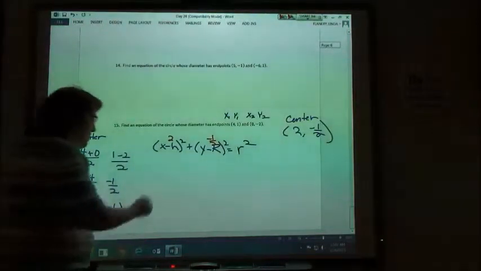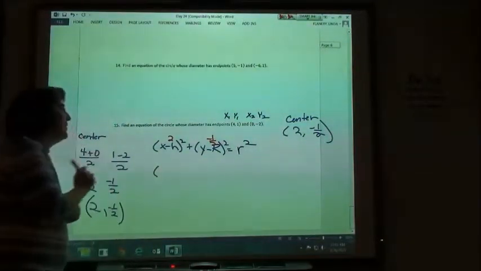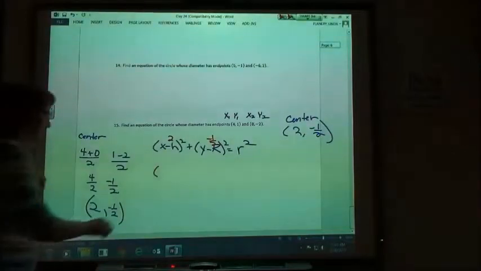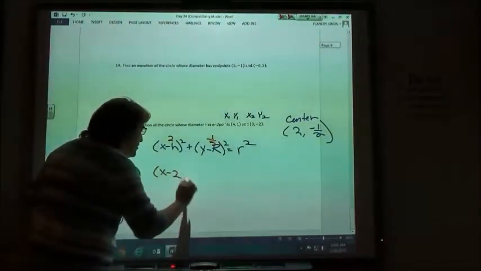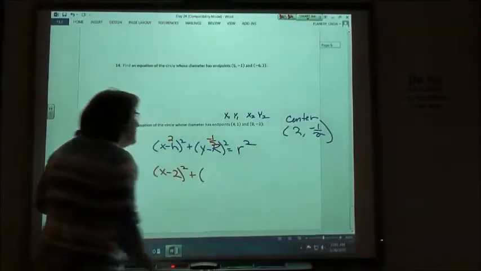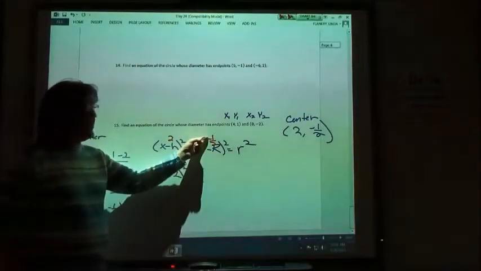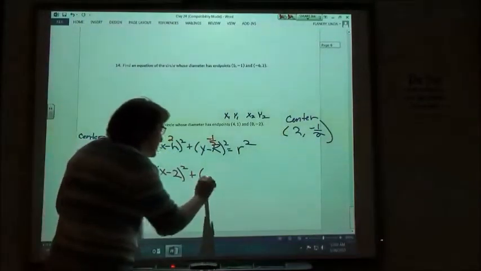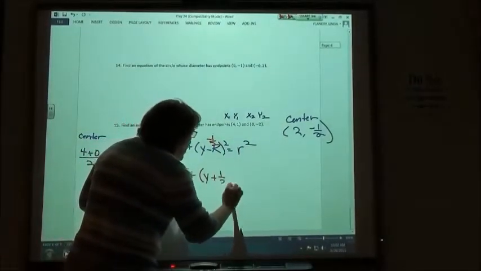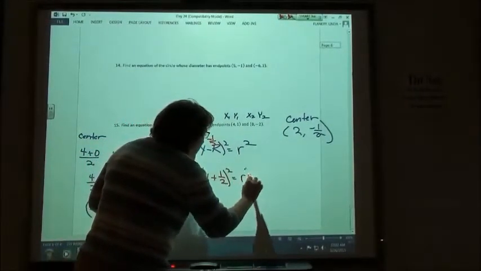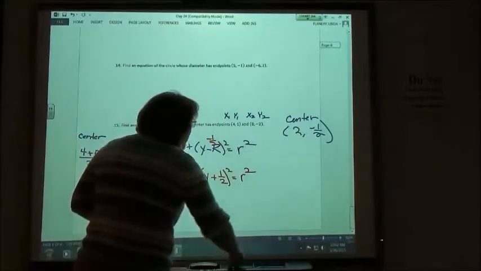So we're going to have x minus 2 squared plus y minus a half. What's your sign going to be? Oh, I mean plus a half, because we had minus a negative, right? So it's got to be a plus. y plus 1/2 squared. And now we can plug in our numbers to find our r squared.